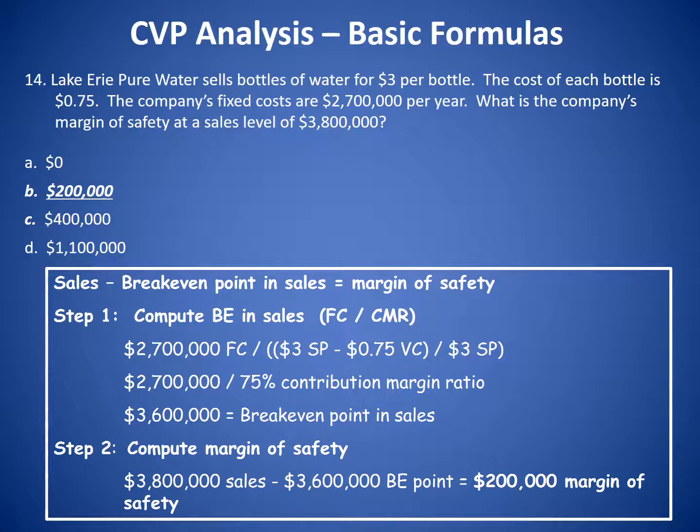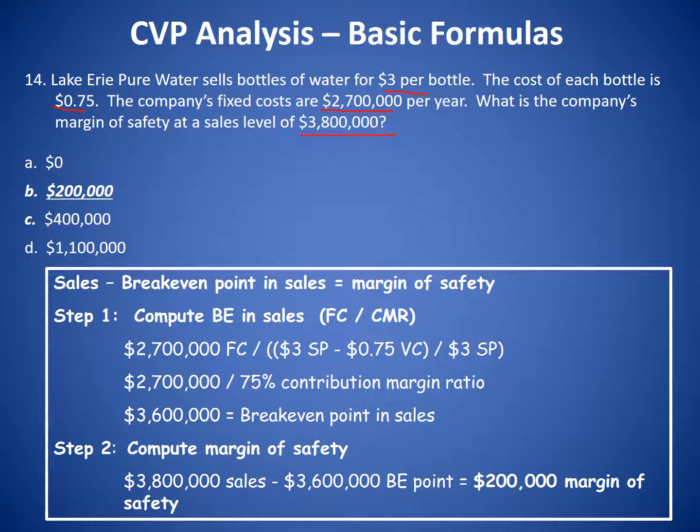Okay, number 14. Again, Lake Erie Pure Water sells bottles of water for $3 a bottle. Each bottle costs 75 cents to make. The company had fixed costs of $2,700,000 a year. What's the company's margin of safety at a sales level of $3,800,000?